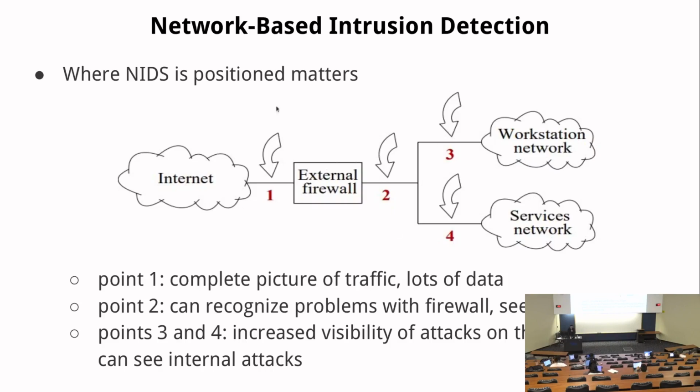In this kind of network architecture, if we put the network intrusion detection system where it gets traffic from this place, obviously we have a bigger, complete picture of the traffic. The whole enterprise traffic we are able to see.